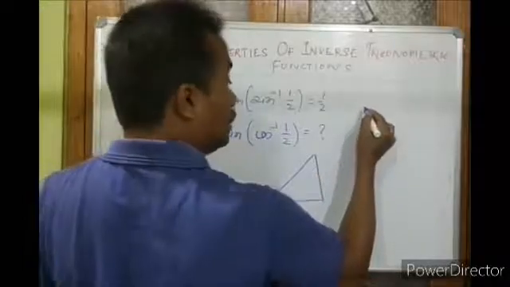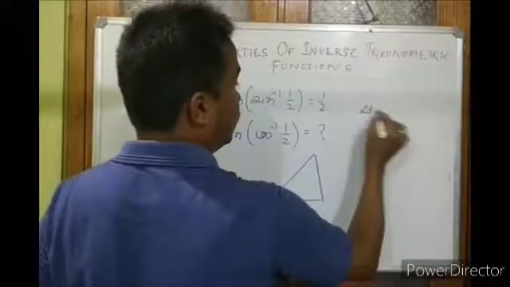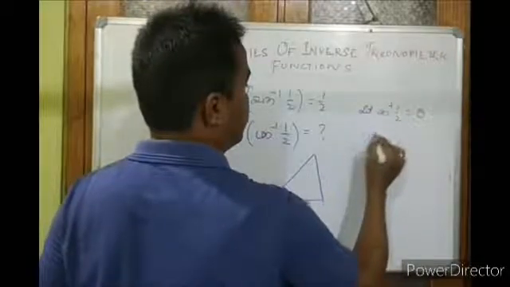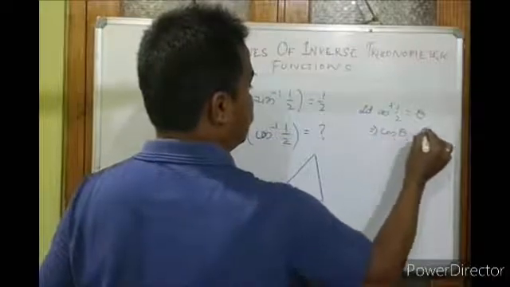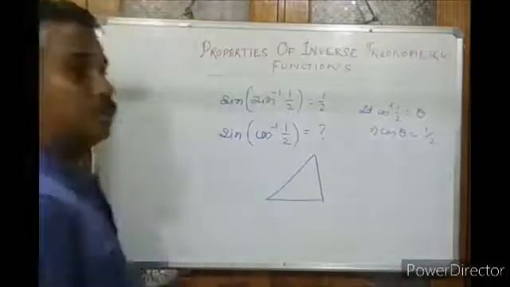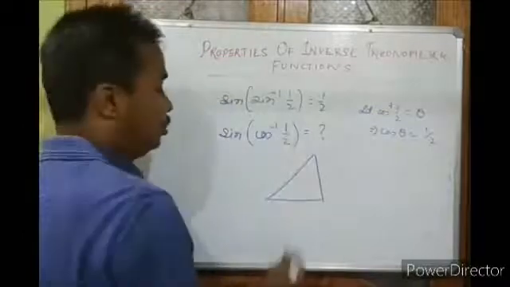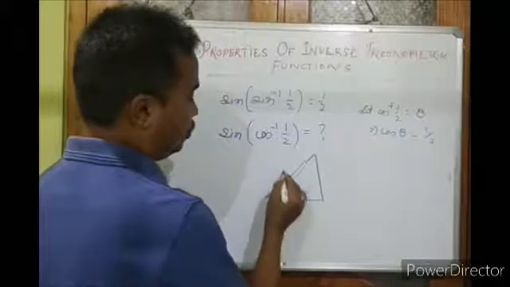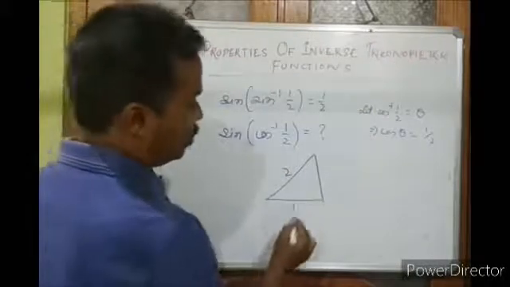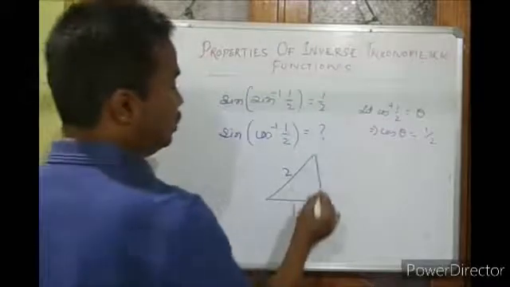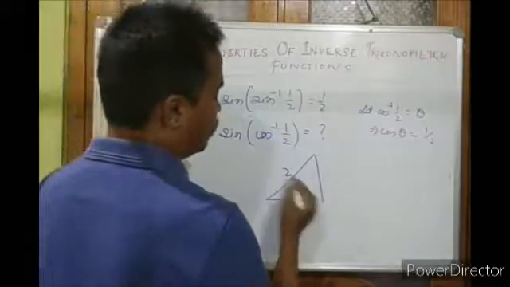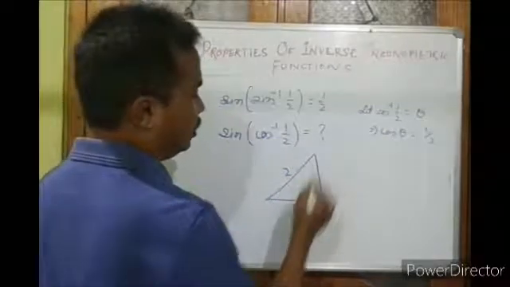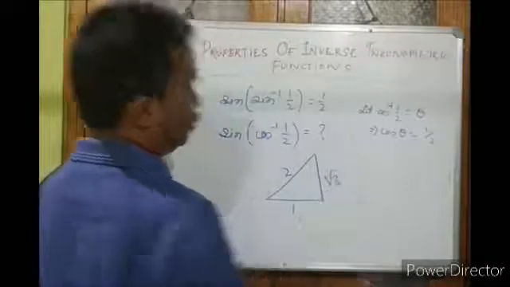Let cos inverse half be equal to theta. This implies cos theta is equal to half, and cos theta is base by hypotenuse. So we take hypotenuse as 2 and base as 1. In that case the perpendicular becomes square root of 2 square minus 1 square, that is root 3.